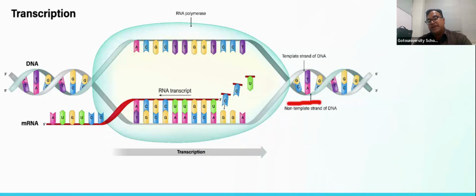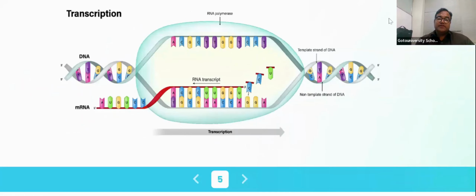So this non-template strand is also called the coding strand, whereas the template strand has the coding sequence. So this non-template strand is a coding strand for whom? For the parental strand. What do you mean by parental strand? Template strand. What does this template strand make? New RNA. Are you getting my point or not?